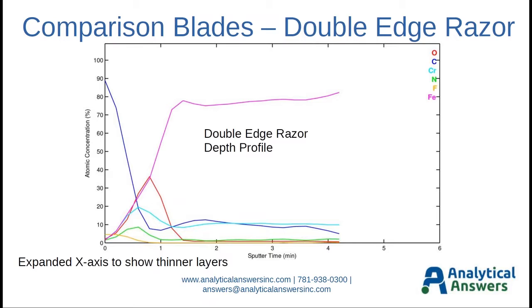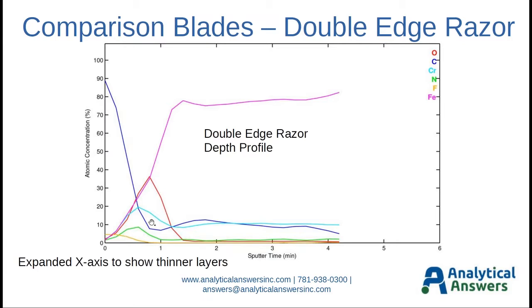This one was a little bit of a surprise. I expected the double-edged razor to actually be uncoated, just like the scalpel, but I was wrong. It does have a fluorocarbon-based lubricant package with some fluorine and carbon on the surface, but it does actually have an appreciable chromium layer on the surface, and that layer is combined with nitrogen, which is in green, at the top of the layer, and it transitions into an oxide at the bottom of the layer where it meets the substrate.